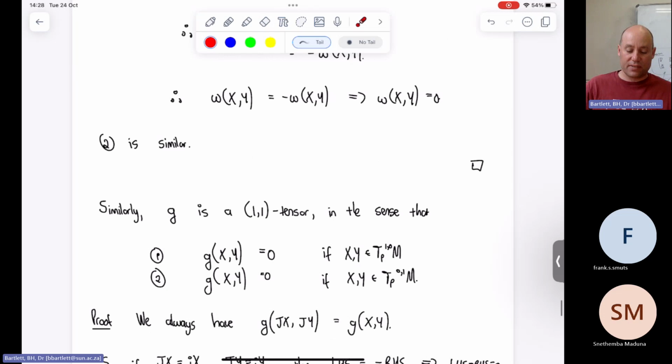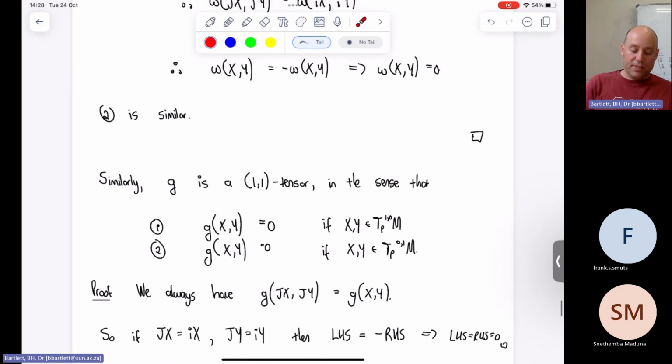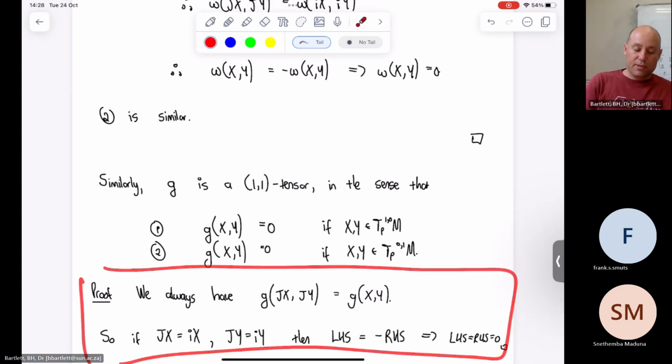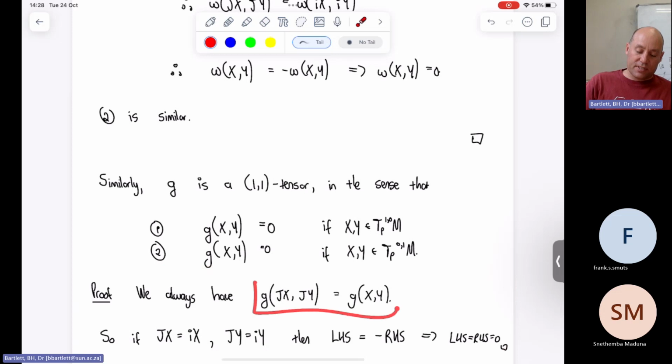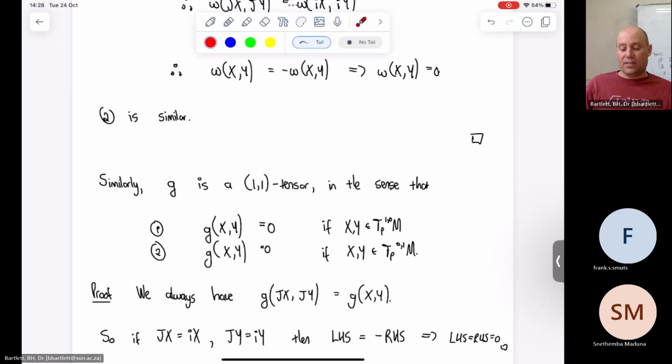By similar reasoning, exactly the same proof, because I always have this equation, no matter what vectors I feed g. But if x and y are eigenvectors of J with eigenvalue i, then the left-hand side is going to be minus the right-hand side. So that means the left and right-hand side must be 0.